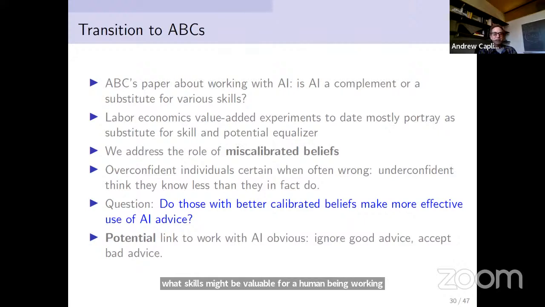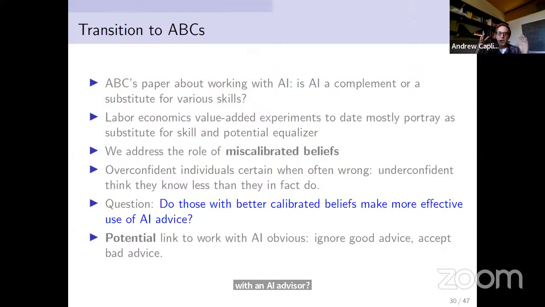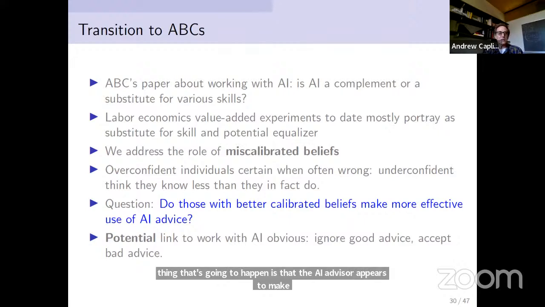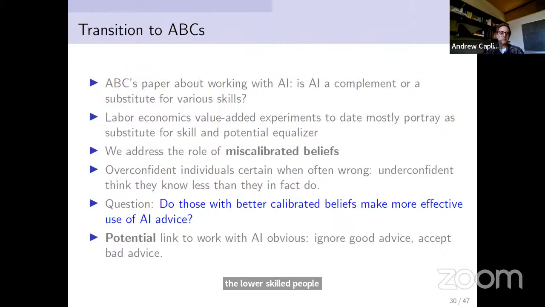And the typical answer to date has been that one thing that's going to happen is that the AI advisor appears to make the lower skilled people better approximate the higher skilled people. And therefore, there is a thought that this could compress some skill-based differentials.